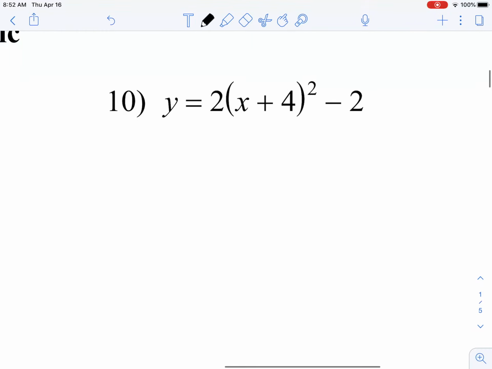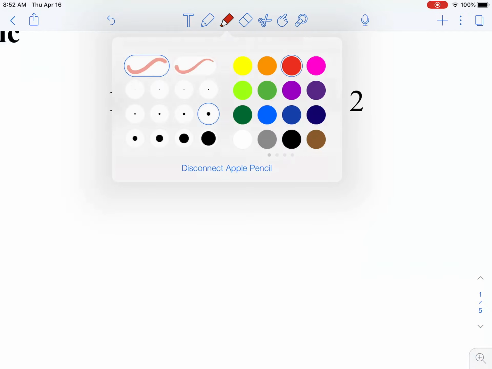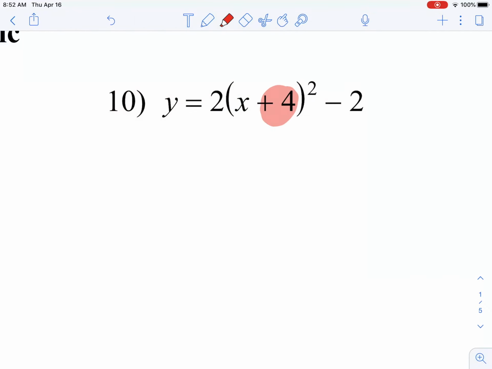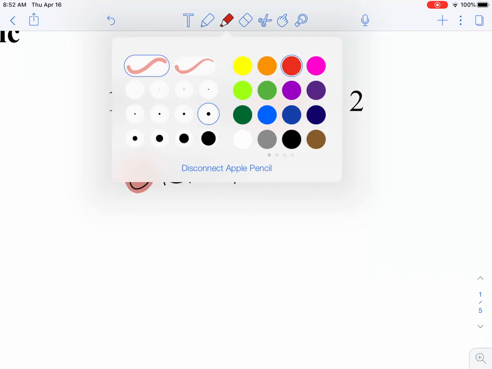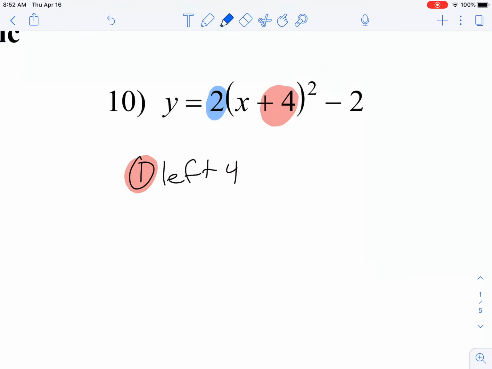Okay, so for this one, we don't have a flip because there's no negative out front. We don't have a flip, but we do have a stretch. So we always start on the inside, and we're doing the opposite. So our first step is left 4. Our second step is going to be a stretch of 2.